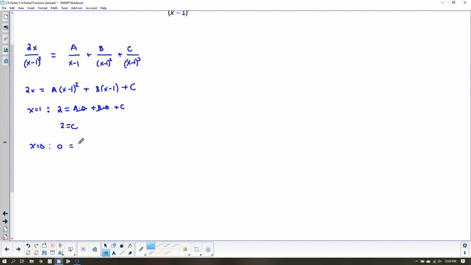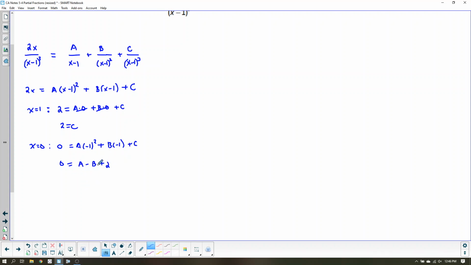And then you will have a times negative 1 squared, plugging 0 into this. B times negative 1 plus c. We simplify this. And then here, where I have the c, I already know that c is 2. So I can actually replace that with 2.